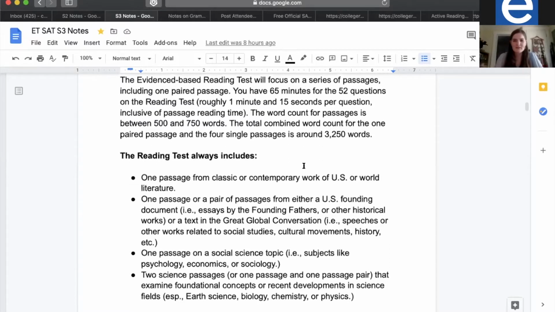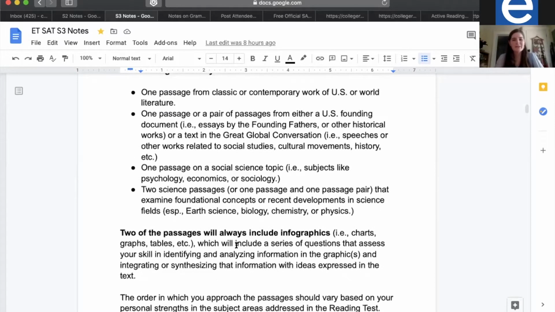Typically the single passages are longer, but sometimes you might have a shorter passage for the paired passages to combine them. All in all, the 4 single passages and the paired passages account for about 3,250 words in total. Okay. So in reality, it's not that much reading, but it can seem like a lot, okay?